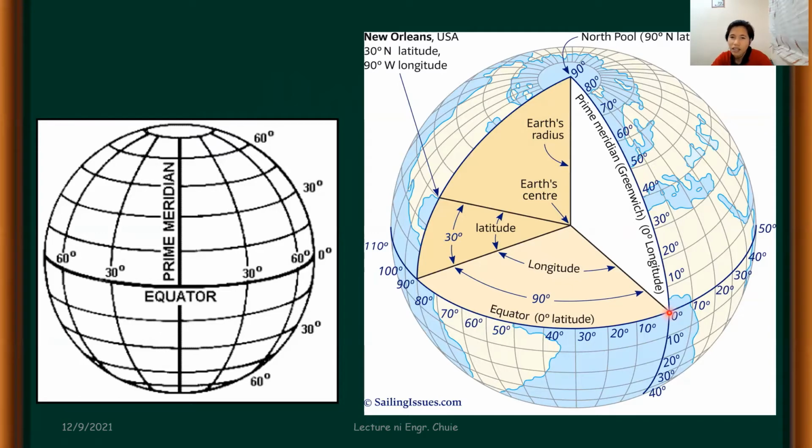The reference to measure the longitude is the prime meridian, or the Greenwich meridian. The longitude at this point is 0 degrees. If we move to the east, then this is 10 degrees longitude.